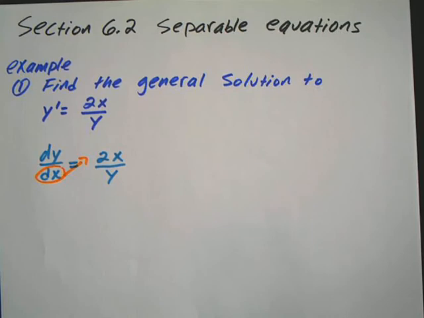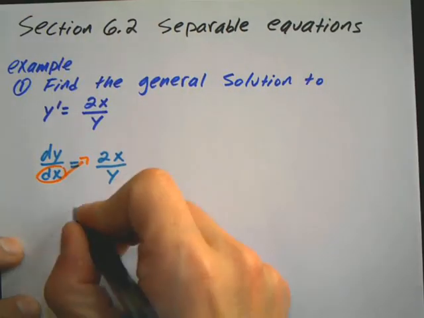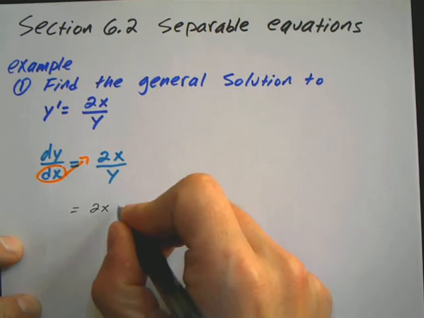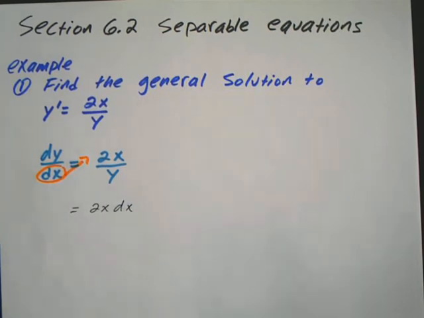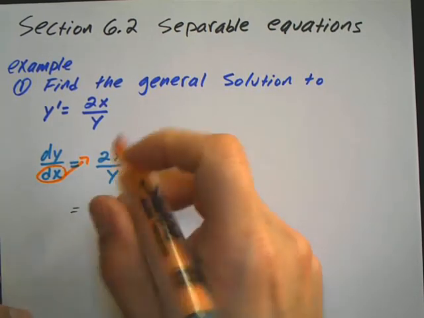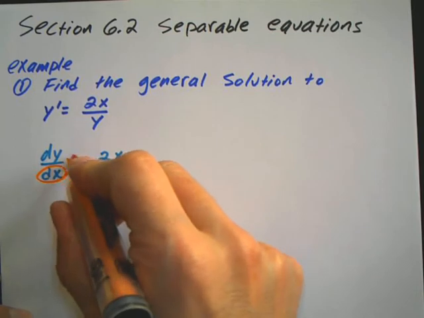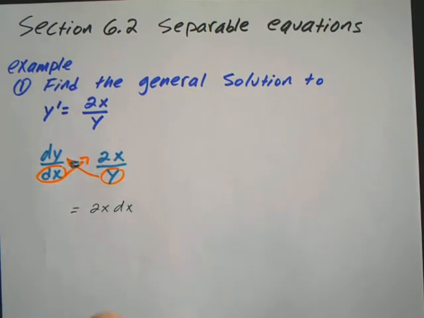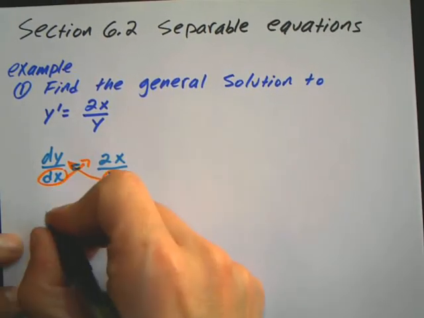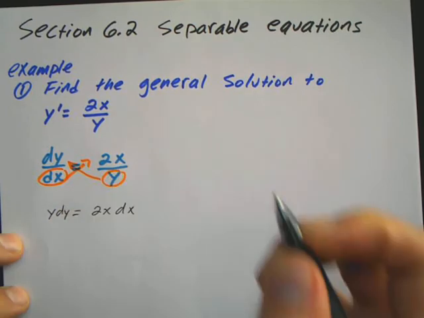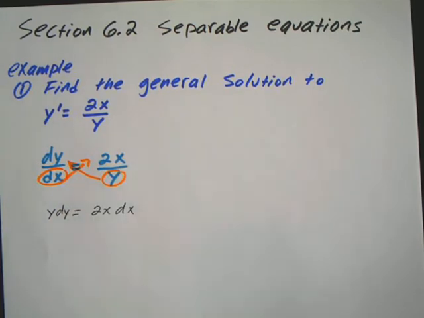When I multiply it over, I'm going to end up with 2x dx. And if I multiply this y term over, I'm going to end up with y dy. Alright, so I'm kind of cross multiplying.